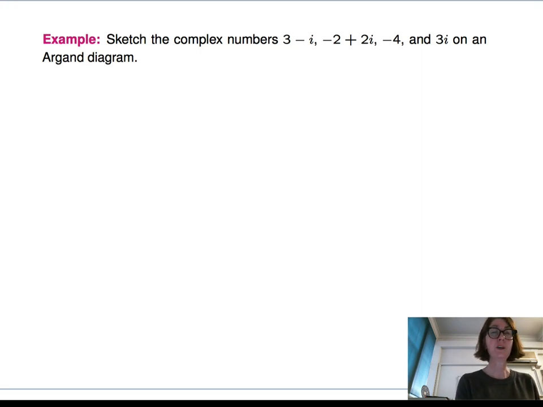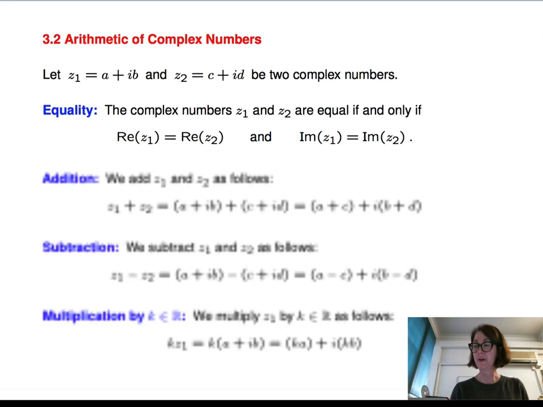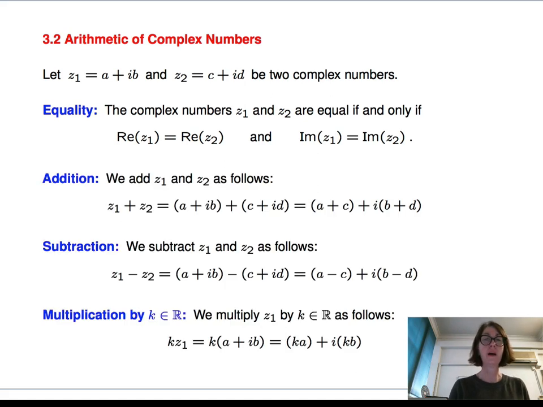So the next page in your notes is an example of sketching some complex numbers on an Argand diagram. So I want you to try this before you go on to the next recording. The next recording we will be talking about the arithmetic of complex numbers, but it's a good idea if you have a relook at the things that we've already done and try a couple of the examples in the book for yourself.